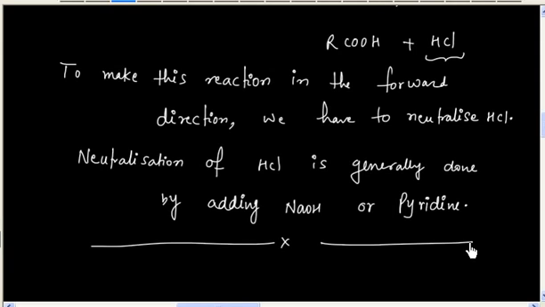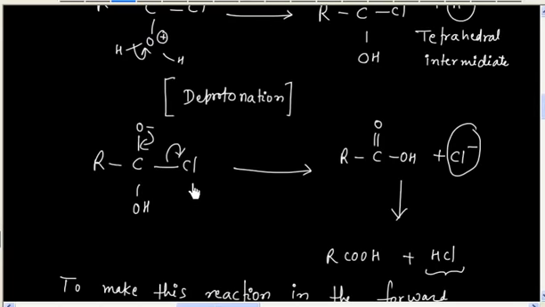The reaction is nucleophilic attack by H2O. It gives tetrahedral intermediate, and then halogen is a good leaving group. So in the next step we expel the halogen. In this step, halogen, in this case chloride, is a good leaving group.